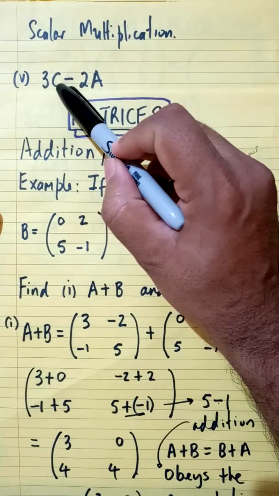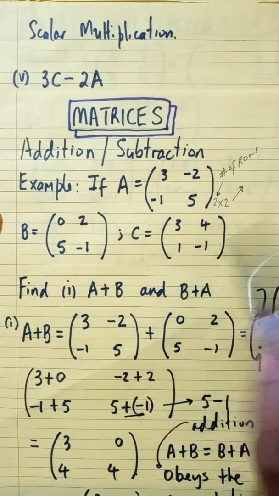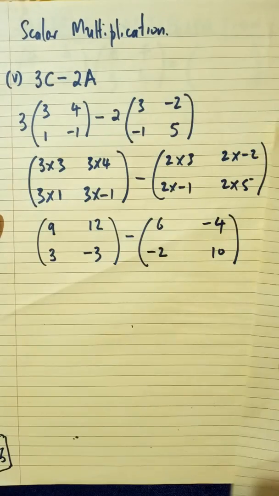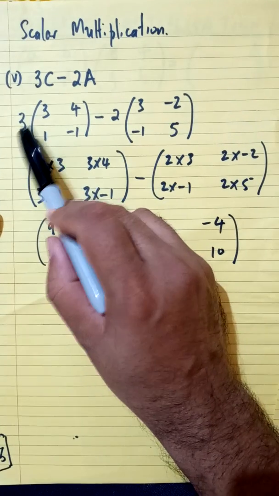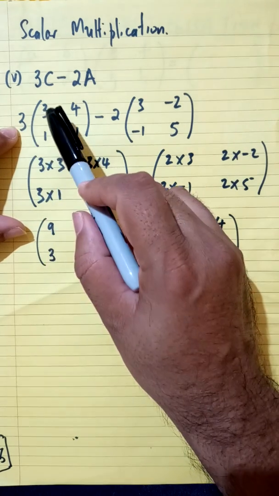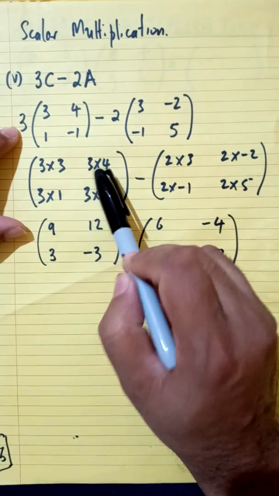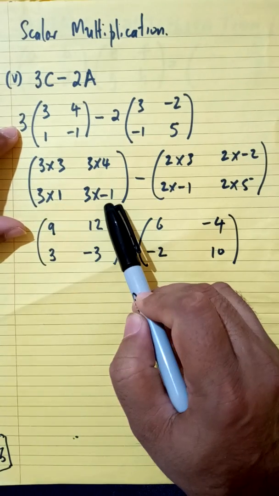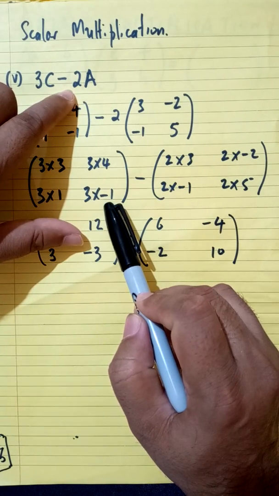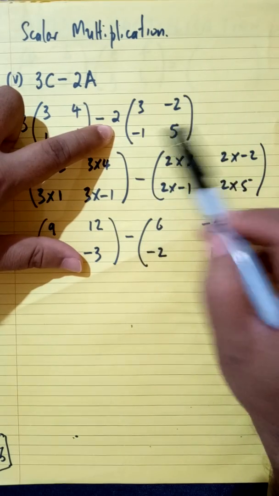So 3C, by the way, this is C, 3, 4, 1, negative 1. 3C is 3 will be the scalar, 3 times every element inside the matrix. So it's 3 times 3, 3 times 4, 3 times 1, 3 times negative 1. Likewise, 2A. It's 2 times everything inside the matrix.